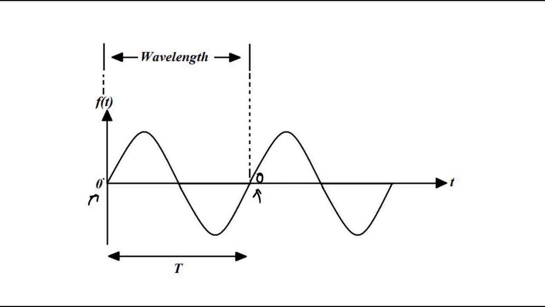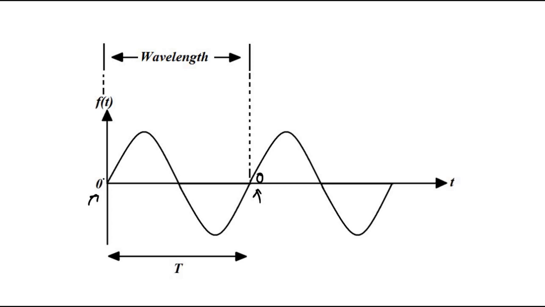And in this one time period, the distance traveled by the wave, that is the wavelength. Okay, the distance traveled by the wave during that one time period, that is wavelength.